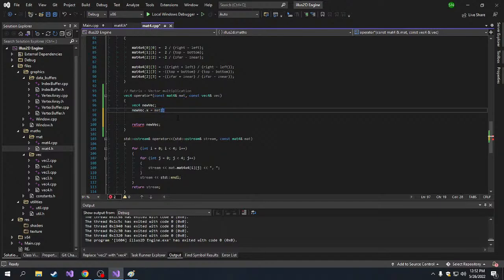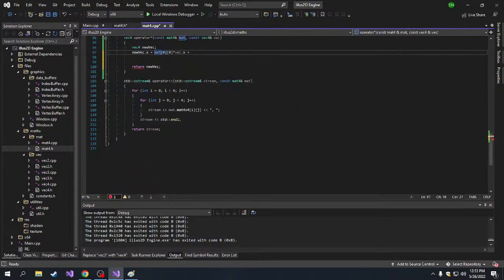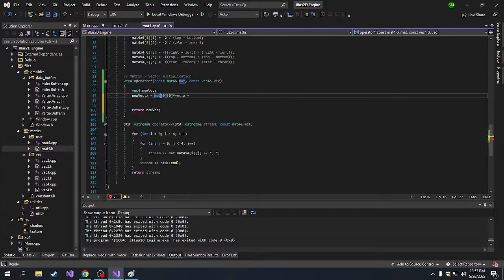Alright, so vector.x. We'll do mat 0, 0, so the first element times vec.x plus, we'll do, of course we cannot do it because none of the operator matches the operands for some reason, because okay, so mat4 times 4.x.